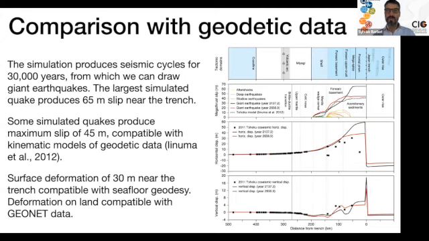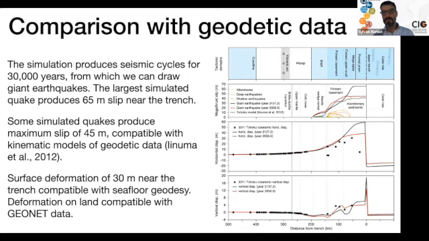And so the largest of these synthetic megaquakes produced, in fact, more slip than was observed during Tohoku, reaching up to 60 meters of slip near the trench. But others are more immediately comparable with the observations.